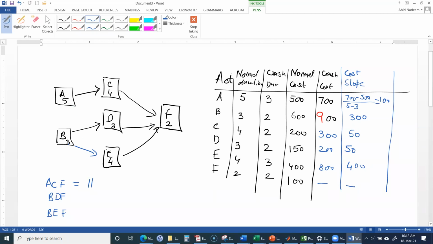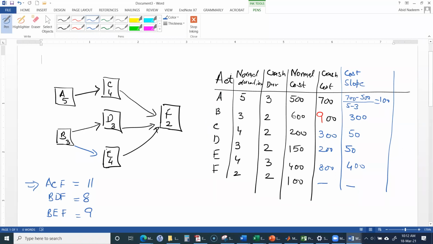Then path BDF is 6 plus 2 is 8. And path BEF is 7 plus 2 is 9. So ACF is the critical path. If we want to reduce the duration of this project, we will reduce the duration of the activities on this critical path, A, C, and F.